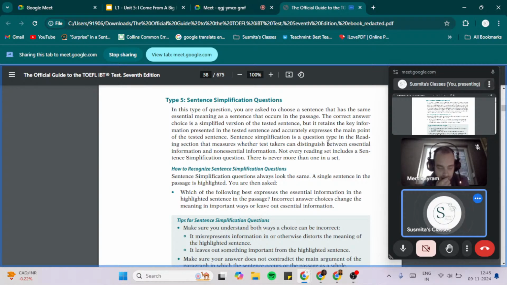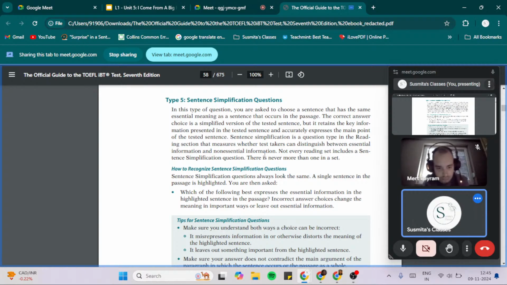This question type measures whether test takers can distinguish between essential information and non-essential information. So when we select the option, we have to make sure it does not change any meaning and it covers everything that has been mentioned in the passage.